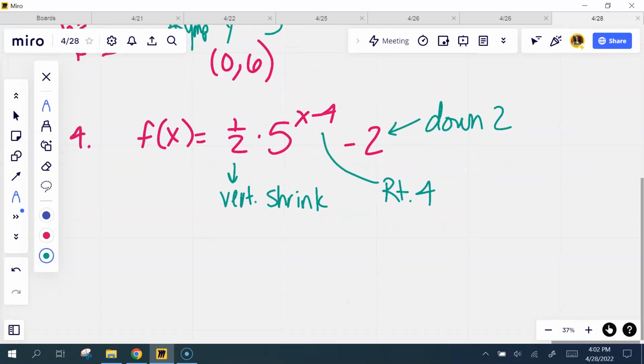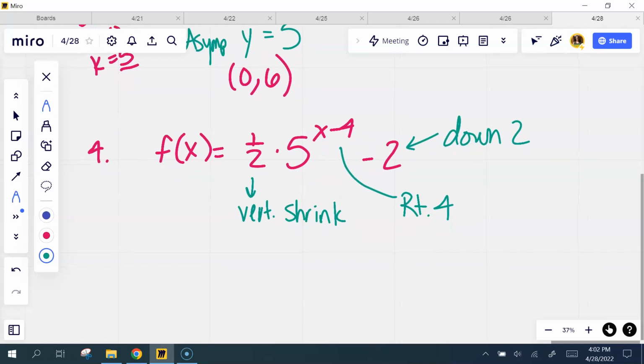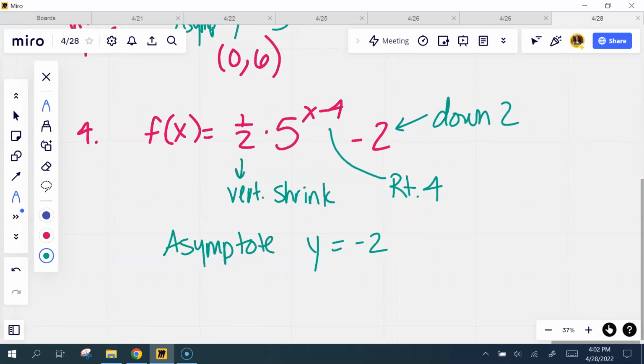So now, let's talk about some things that happen here. I have an asymptote, right? And because my parent graph has been moved down 2, that means my asymptote is y equals negative 2. And a point on the graph. So let's just list out A, B, H, and K real quick, just so you see where these are coming from. A is a half. B is 5, so again with the growth.